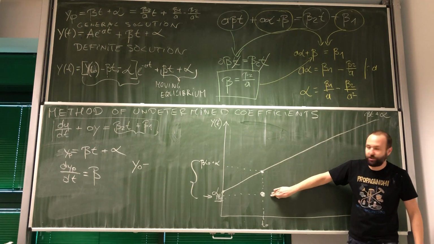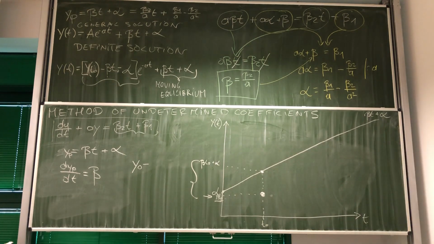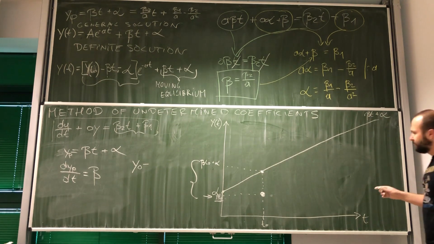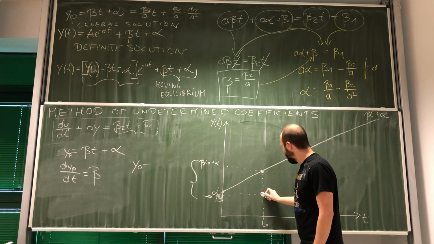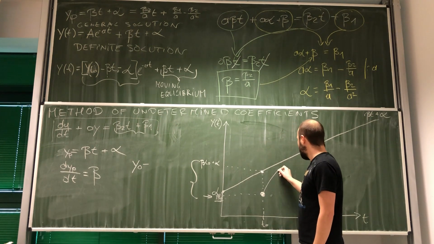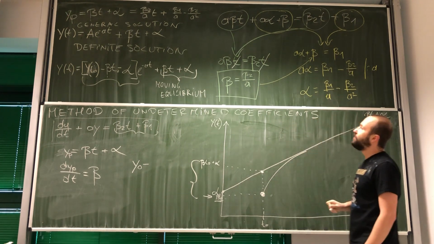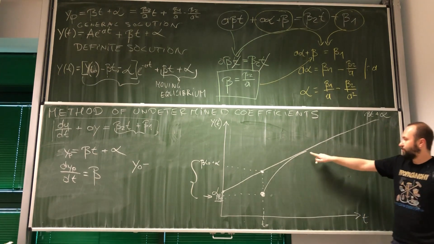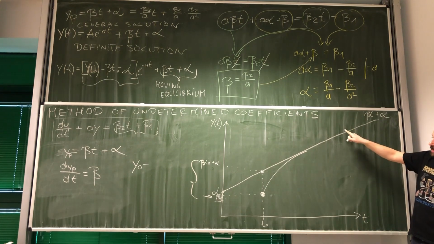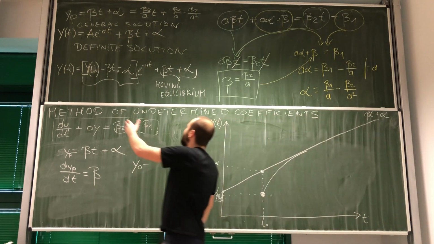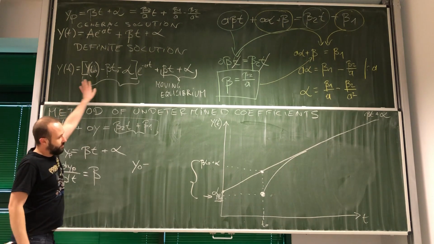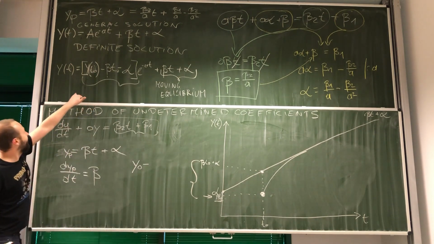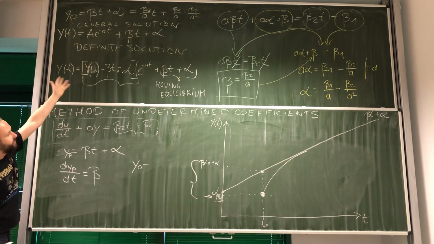This is where we actually are. And what is going to happen then? Of course, assuming that a is positive, which we did, we will be moving closer and closer to the new moving equilibrium. And here we see that we have a negative shock, so the value of A is negative.